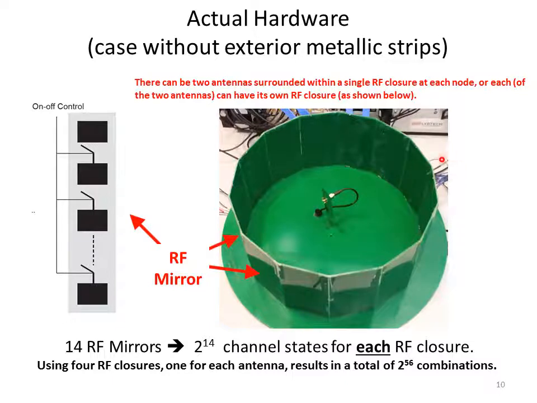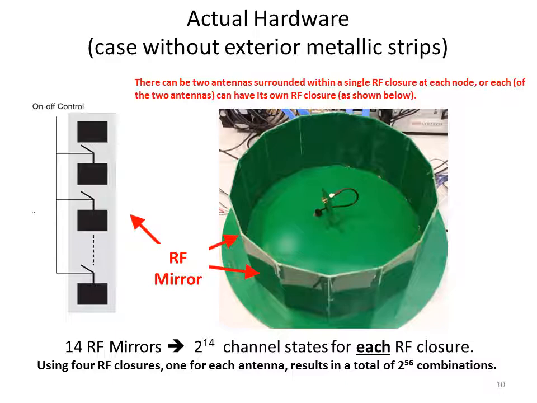By a control circuit, we can turn these pin diodes on or off. So essentially the walls have a structure like this, in which all of the switches will be turned on or off.